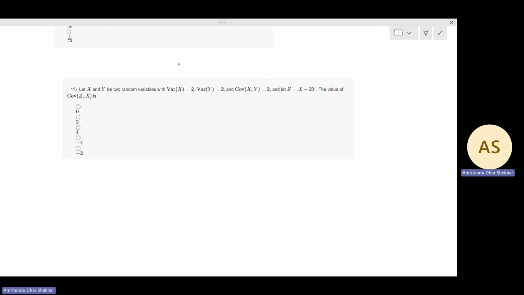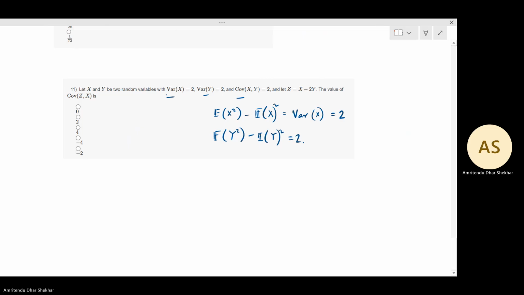Right. So the variance and the covariances are given to us. So we have the expectation of x squared minus the expectation of x whole squared, which is the variance of x, equal to something, similarly for y, and the expectation of xy minus the expectation of x times the expectation of y is also equal to 2.